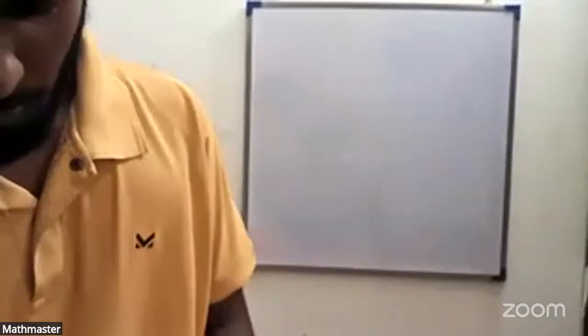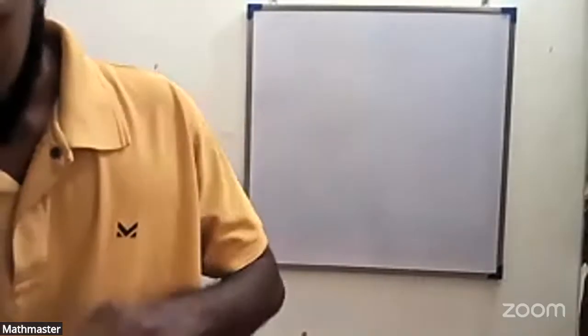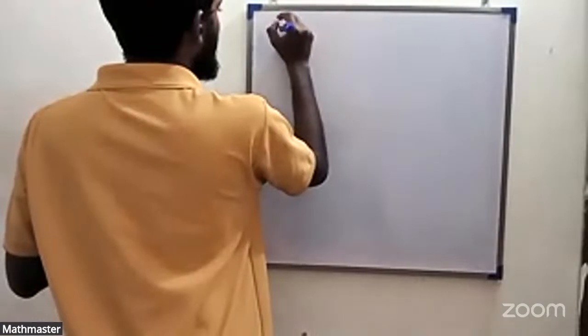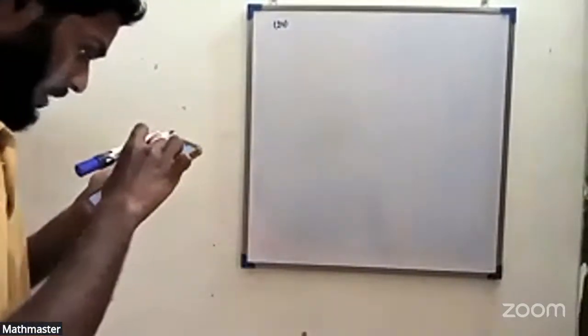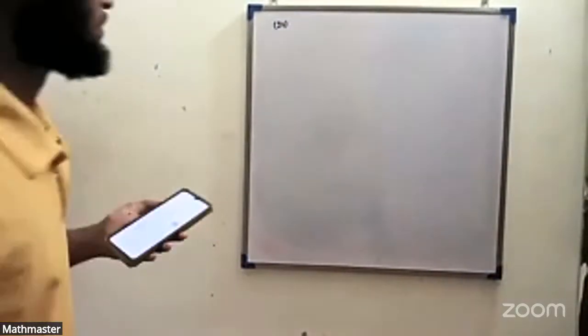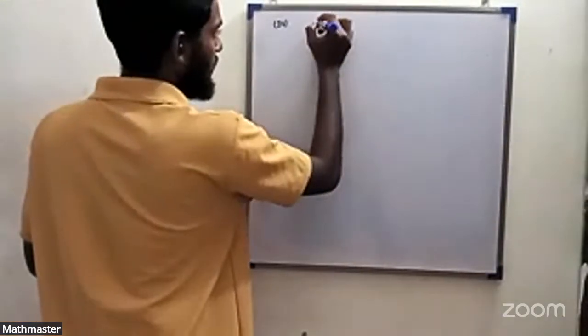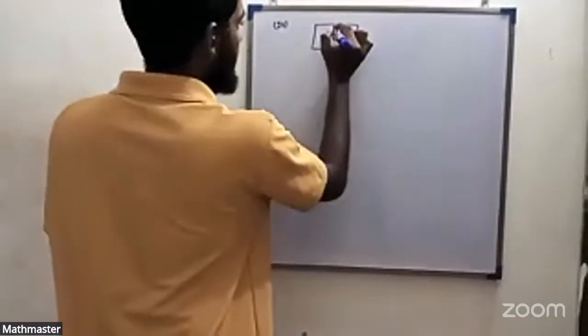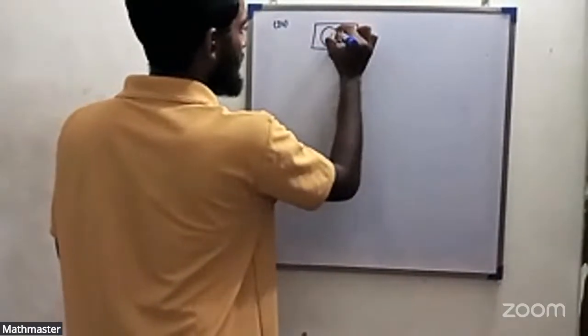Right. Question number 20. What do they say? Write down the shaded region in set notation. This is a part one type of question. X is given here, Y is given here.